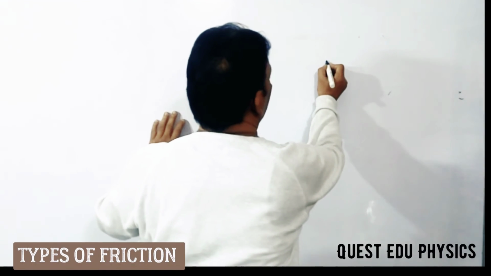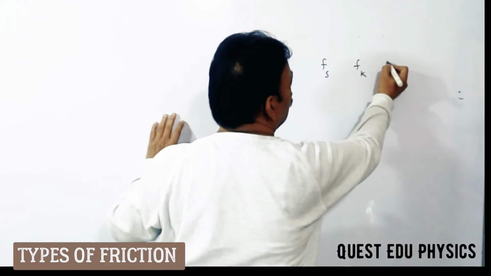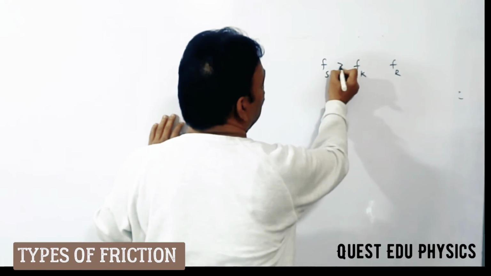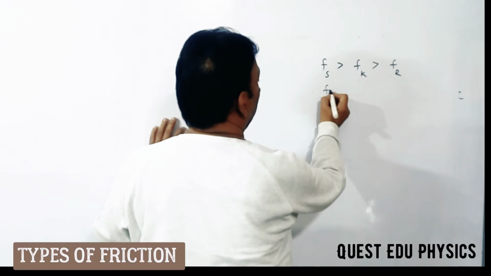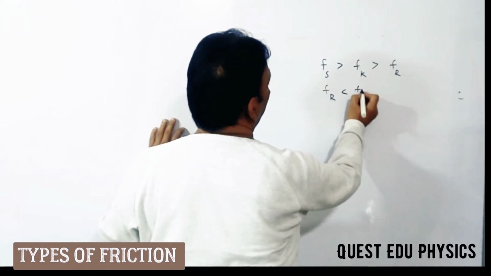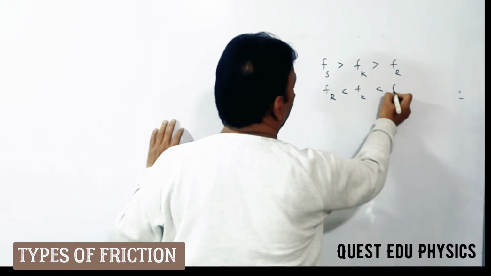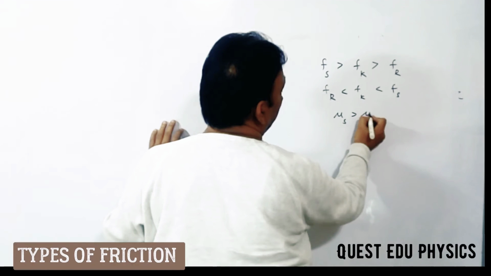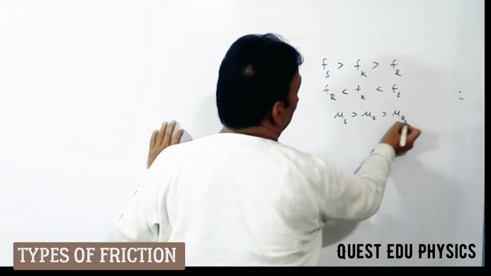Here it is the static frictional force, the kinetic frictional force, and the rolling friction. Fs is always greater than Fk and Fr, or you can write Fr is less than Fk and less than Fs, or mu s is greater than mu k is greater than mu r.